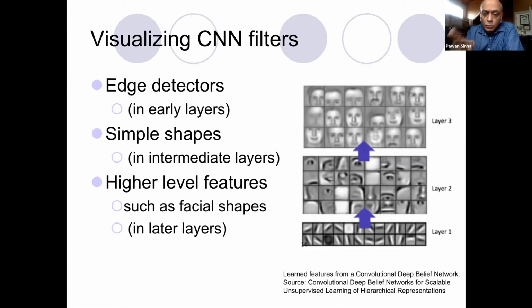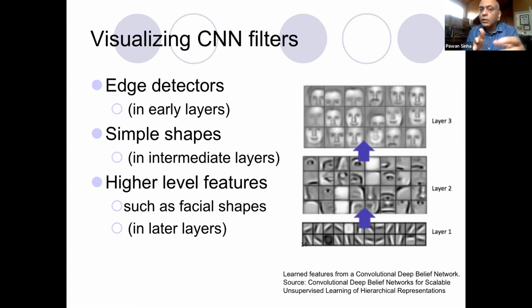The other notion that Sugandha brought up, max pooling, is reminiscent of the relationship between simple cells in V1 and complex cells in V1. So you remember we had talked about simple and complex cells in the primary visual cortex, both being tuned to, say, particular orientations. But the difference between a complex cell and a simple cell is that a complex cell doesn't really care exactly where that oriented bar appears in its receptive field.